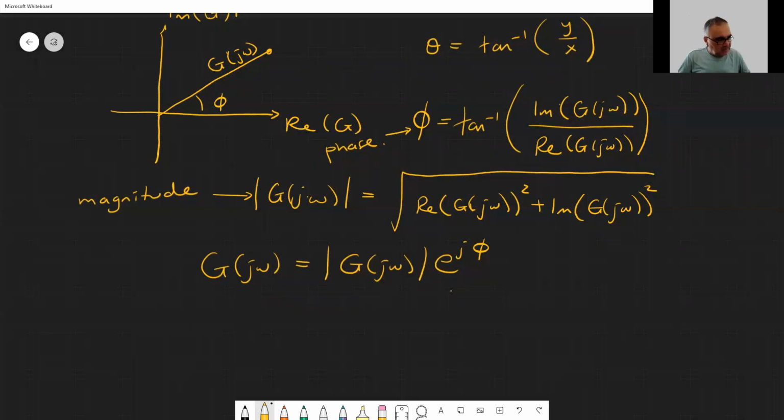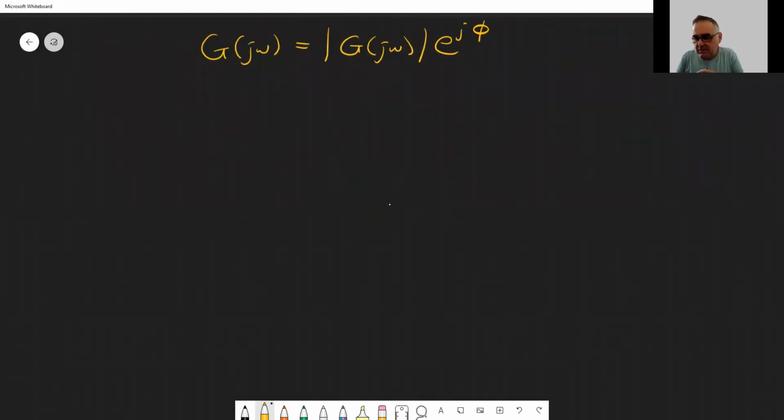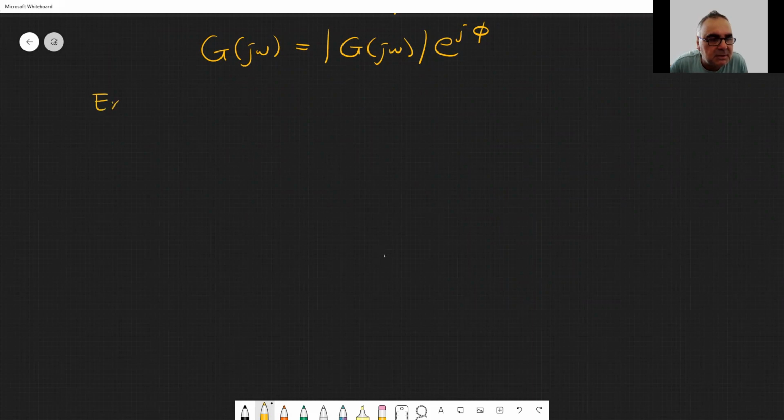Which can be found if you are given the system transfer function. Let me give you an example here. This looks kind of difficult without an example. So let's have an example.